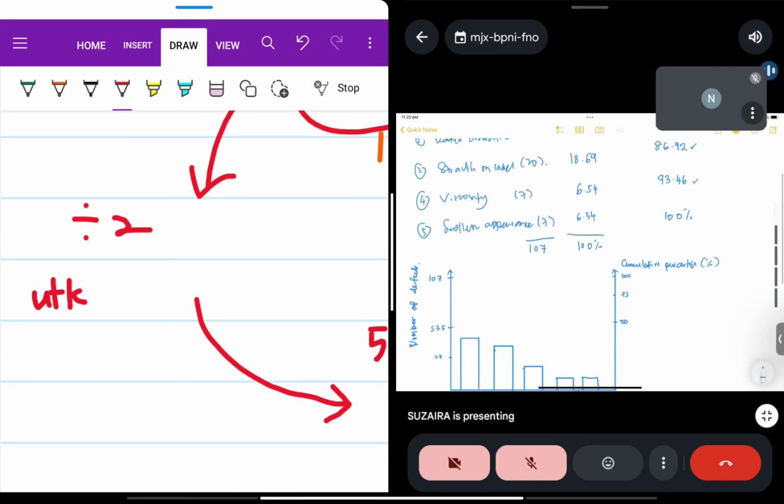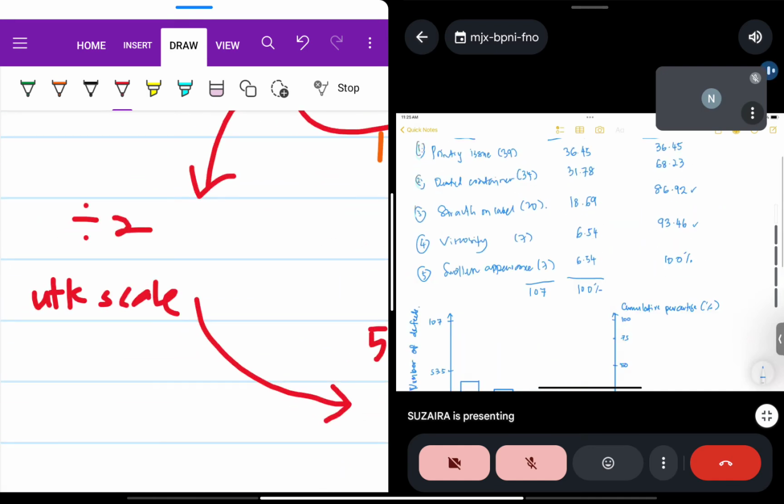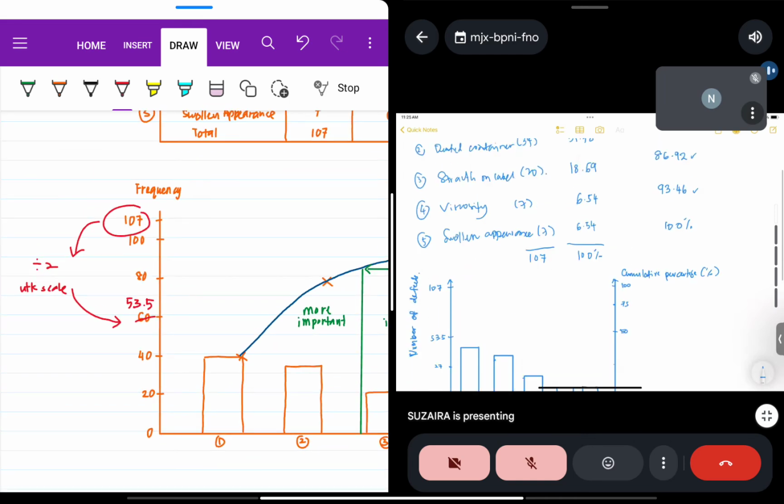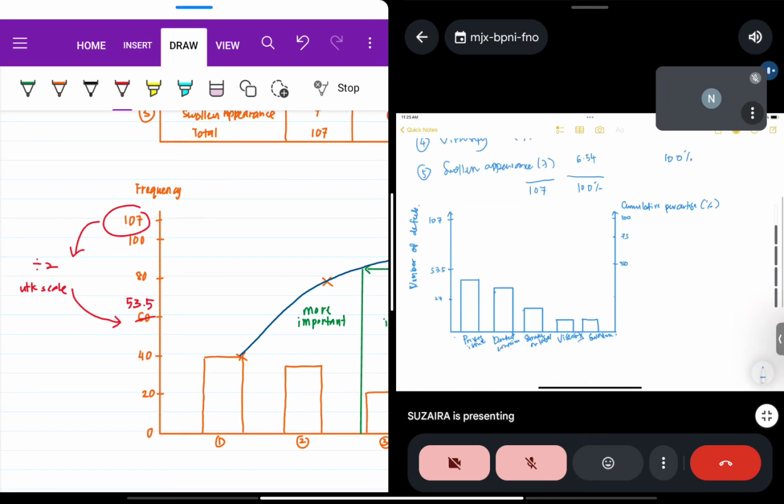Okay. So when we have this one, it is actually 36.45. It's too high. Wait a moment. 39, more or less here, I think. Yeah.